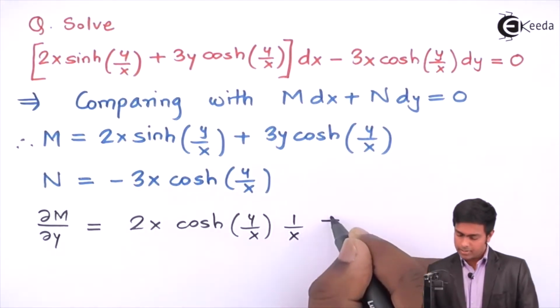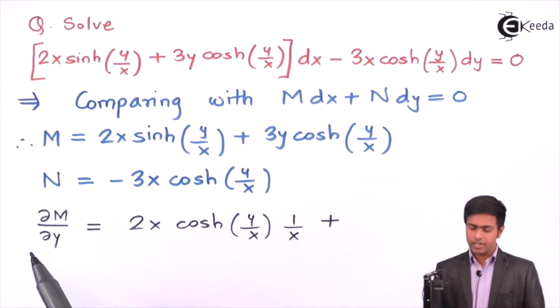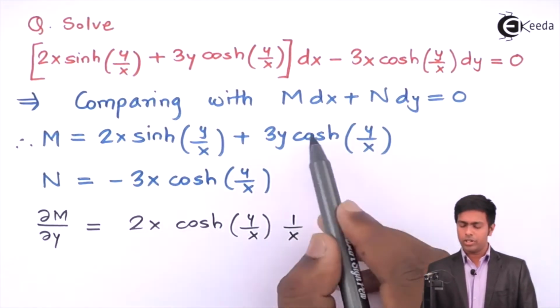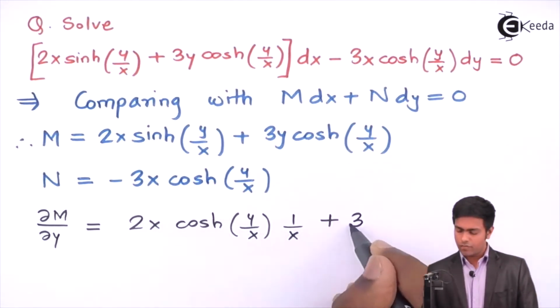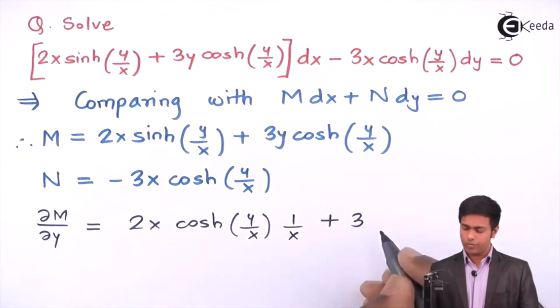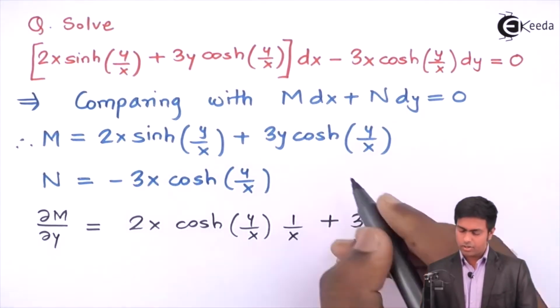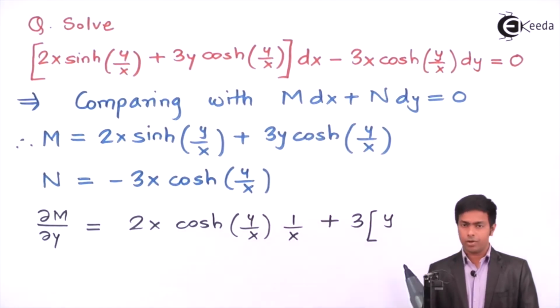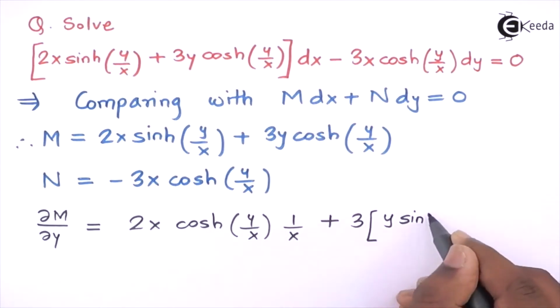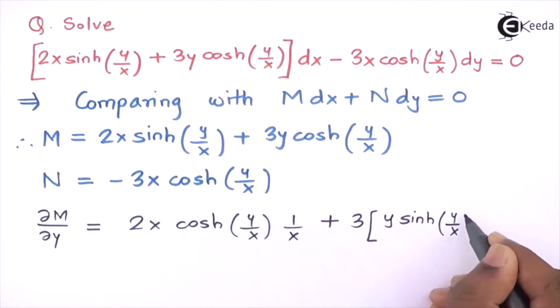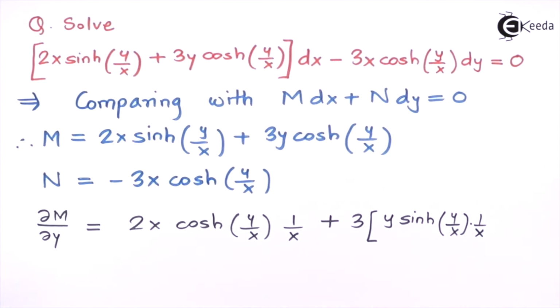Next, plus, to differentiate the second term with respect to y, in both the functions we have y. So here we have to use the rule of u into v. So y as it is, the derivative of cosh(y/x) is sinh(y/x) into 1/x, plus cosh(y/x) as it is, and the derivative of y is 1.